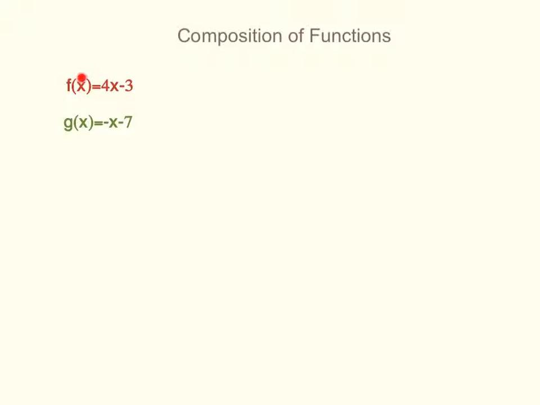It could be anything. And if we're looking at this function here in red, the f function, you're going to put anything you want into x. This rule is going to tell you what the output is. So for instance, if we wanted to know f of -1, then we simply just put in -1 wherever we see an x.